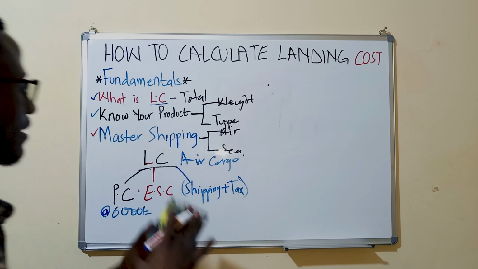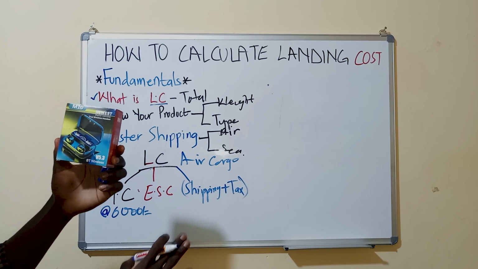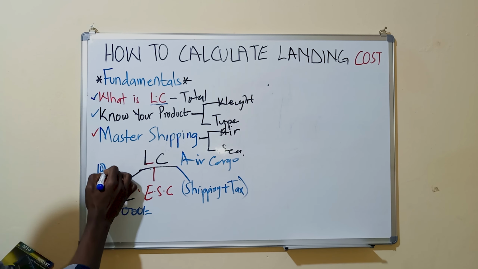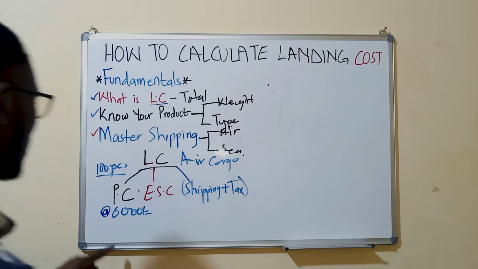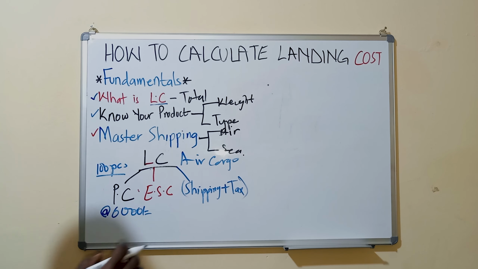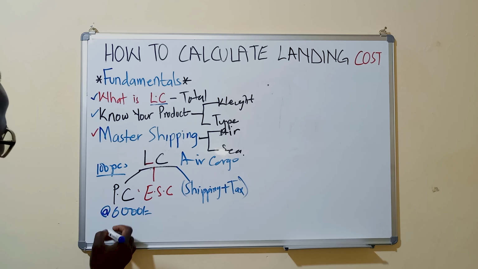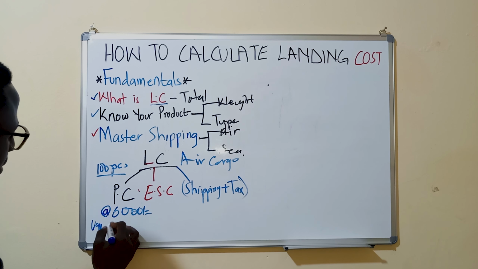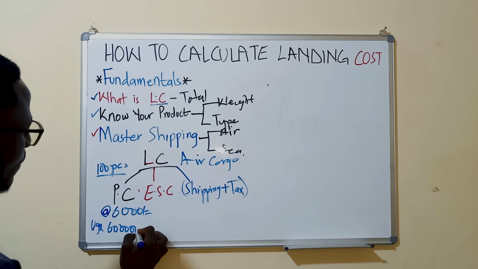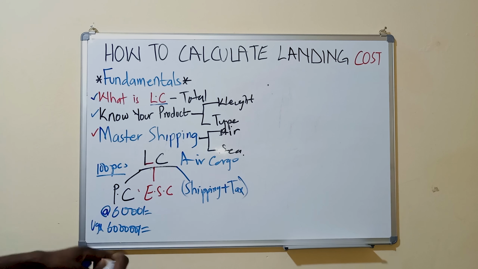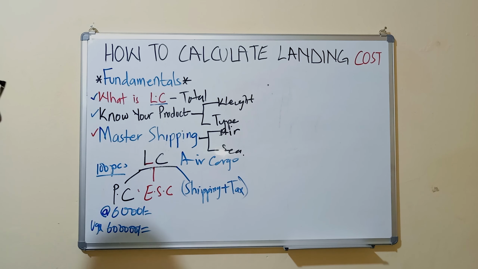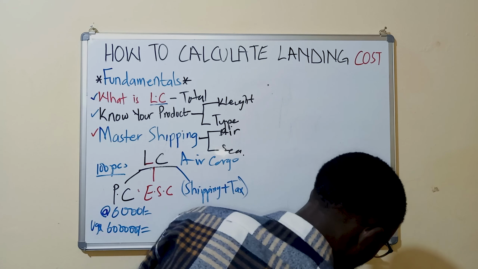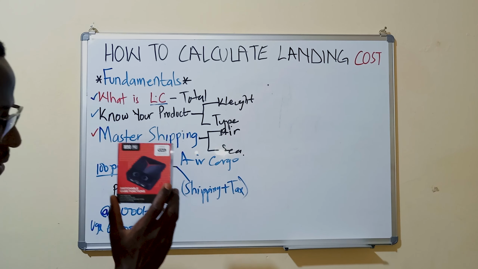But you need 100 pieces, so you will pay your supplier UGX 600,000. This 600,000 is what we call your product cost, what you pay to your supplier to supply you 100 pieces of these earbuds.